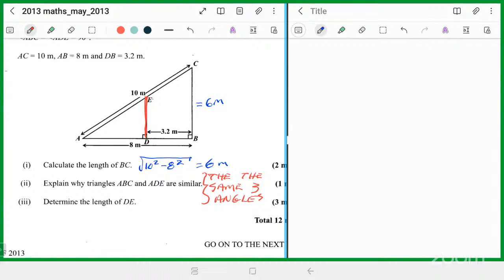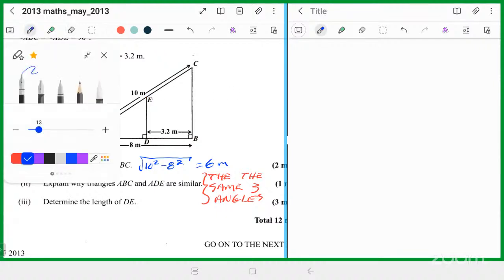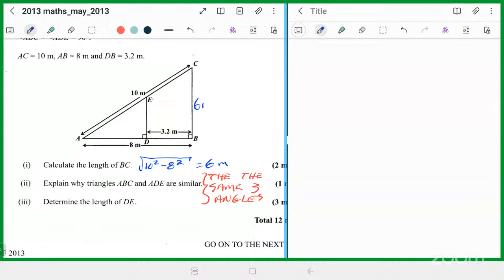So for example, the ratio of these two sides, this small one to this large one, is equal. So we need to know this side.